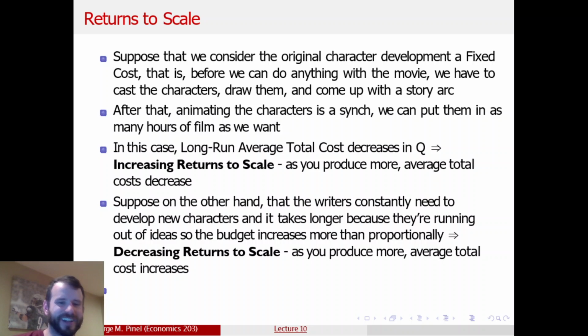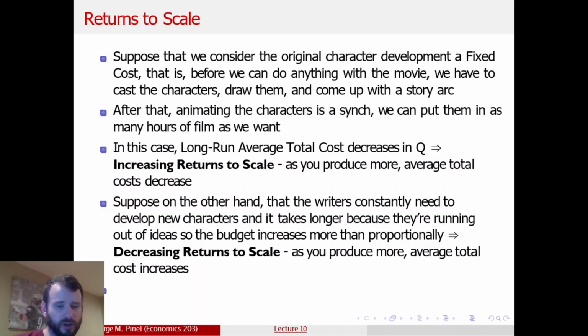The fourth character, like, well, how do I make the fourth character work with these three original characters? And how do I make the story interesting? And am I just ripping off a bunch of people? And you start running out of ideas. So it takes you longer to develop the additional characters.